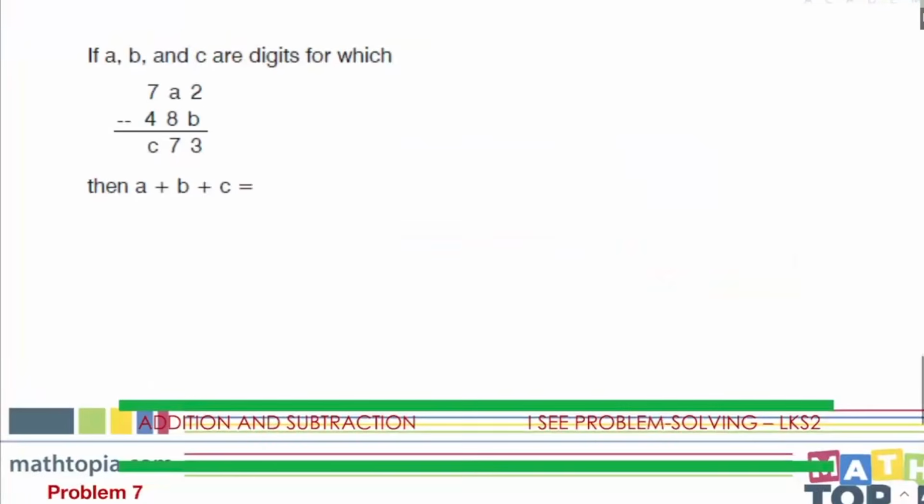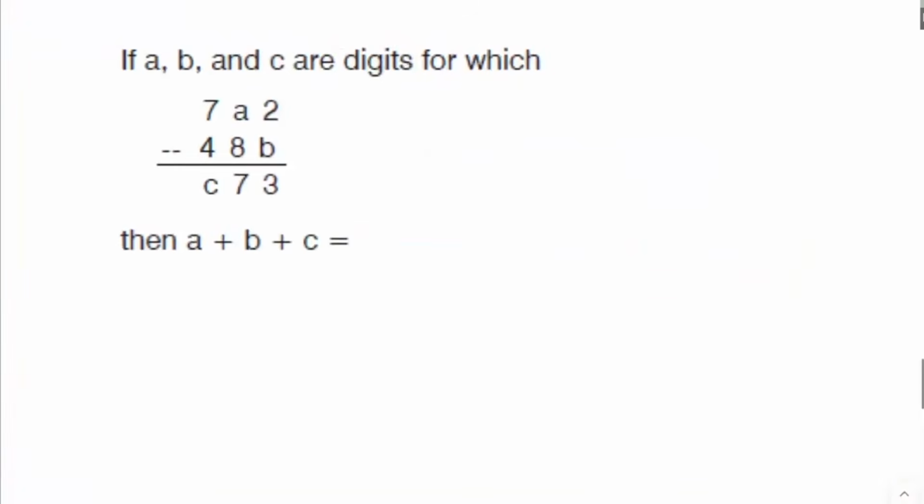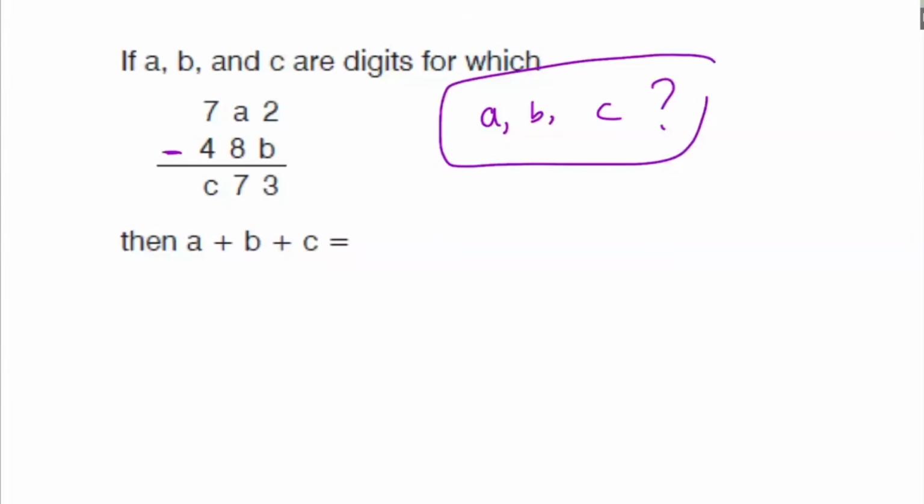So let's take a look at another problem that helps you understand the standard algorithm better. Now, there are three unknown numbers, A, B, and C. We need to figure out A, B, and C, but we have to use our subtraction idea, right?